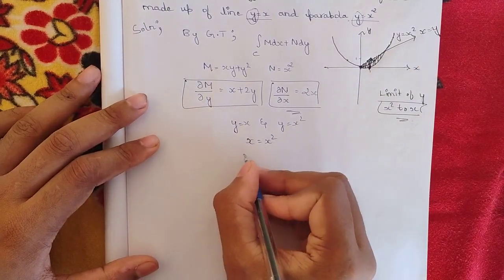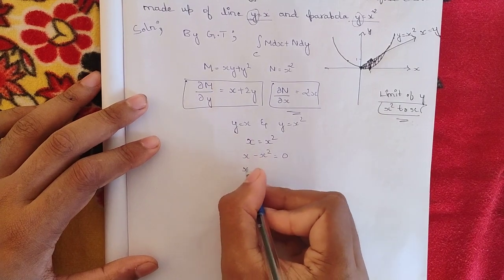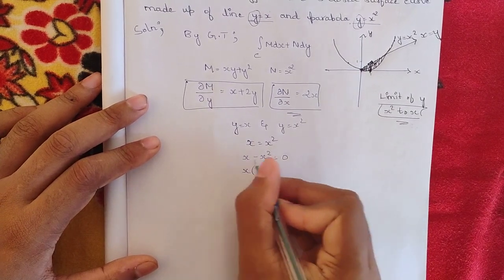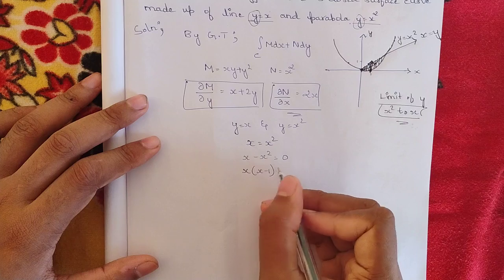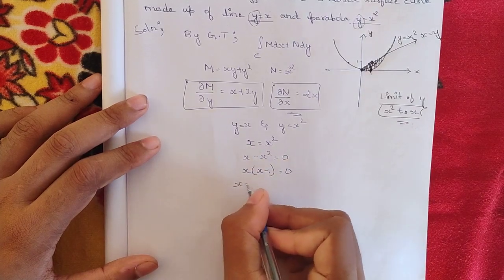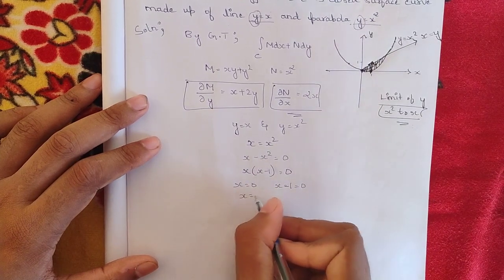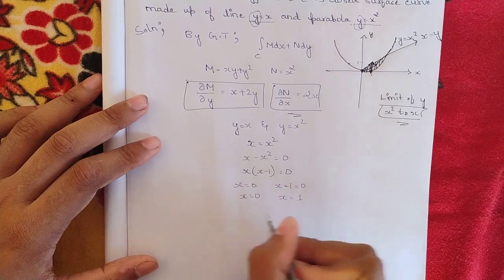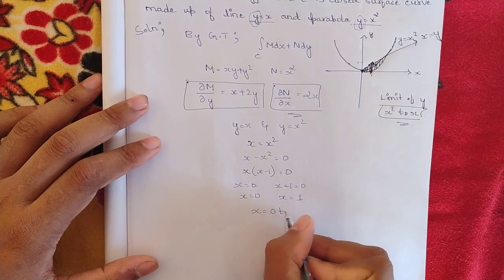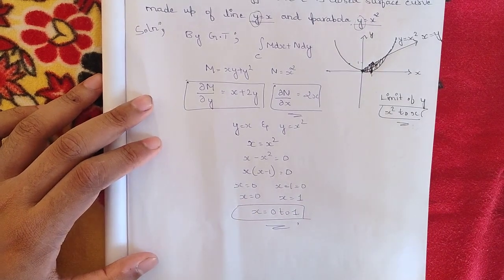So x minus x square equal to 0, or x into (x minus 1) equal to 0, where we have taken x common, okay? So we get x equal to 0 and x minus 1 equal to 0, so x equal to 0 and x equal to 1. So you can say that x goes from 0 to 1. Okay, so hope it is clear.